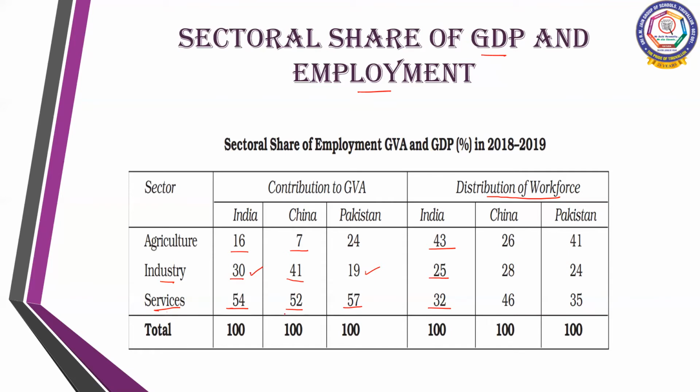In the case of Pakistan also, the workforce engaged in the agricultural sector is the maximum at 41% as compared to the industry and service sector. The distribution of workforce in China is the highest in the service sector at 46% compared to its agricultural and industrial sector at 26 and 28% respectively.